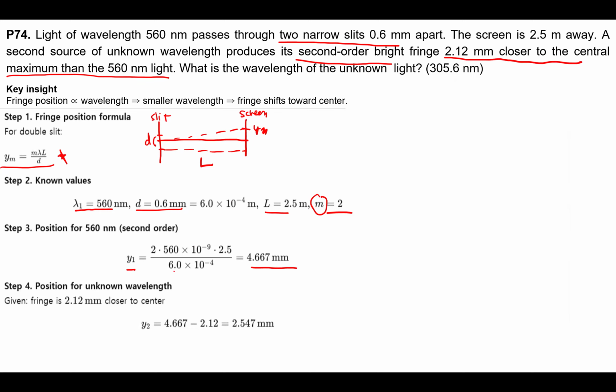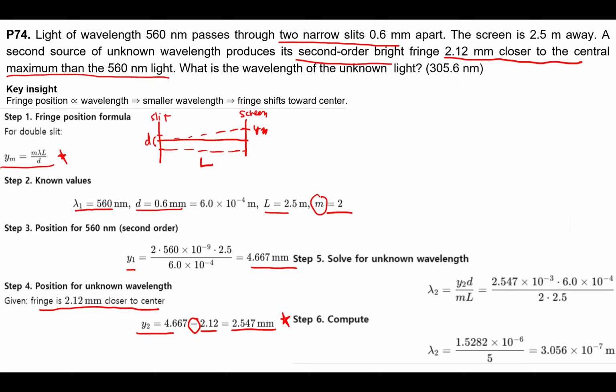And the position for the unknown wavelength fringe is 2.12 millimeters closer to the center. That means Y2 is closer, so you should give a minus sign. And this is Y2 for the unknown wavelength.